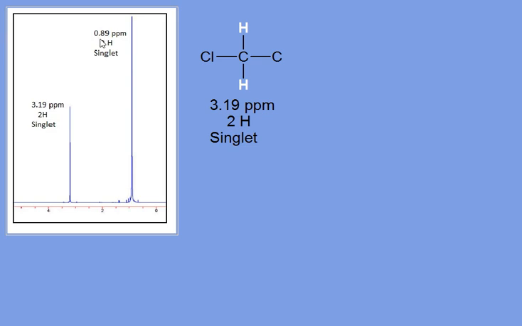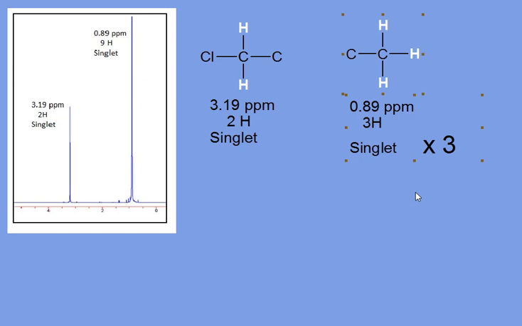Then the peak at 0.89, which is for 9 hydrogens. Of course, we can't get 9 hydrogens on one single carbon. So it's three sets of three equivalent hydrogens. And likewise, because it's a singlet, on the carbon next door there aren't any non-equivalent hydrogens. So that explains the vast majority of the molecule just there.